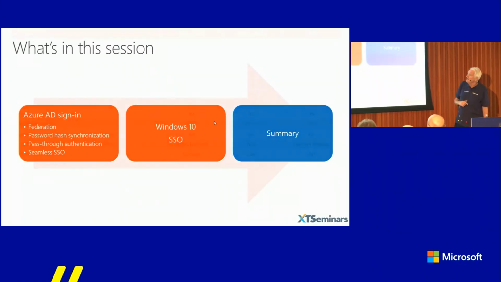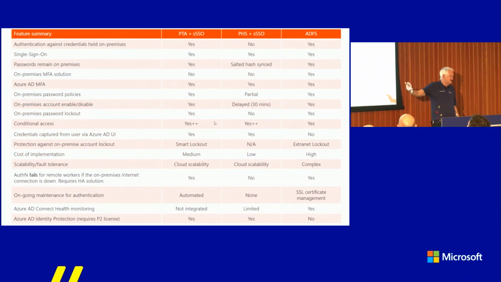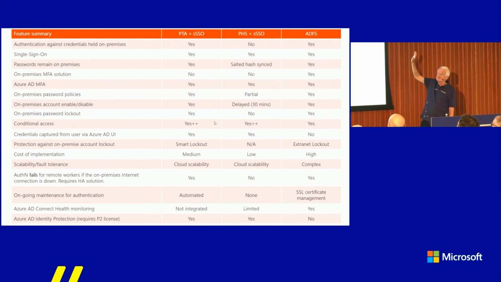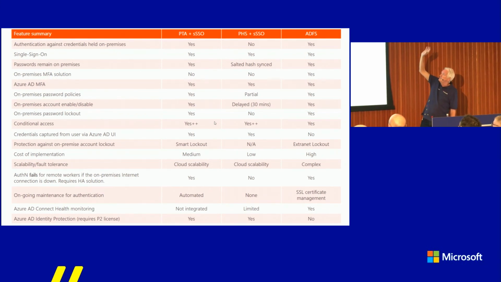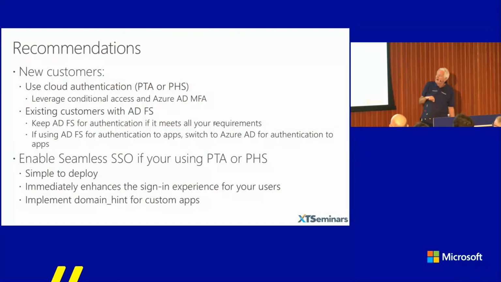In terms of a summary, I've built this table, which obviously I'm not going to go through, but it's a really good discussion table if you're now talking to someone about whether you should go for PTA with SSO, PHS, or ADFS. So that's available as a table when you get the slides. And in terms of recommendations, the recommendation now is not to go down the ADFS route, is to look at using PTA or PHS. All right, and if you've got ADFS, stick with it.